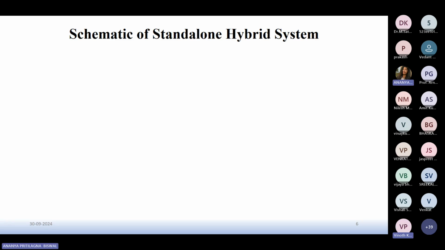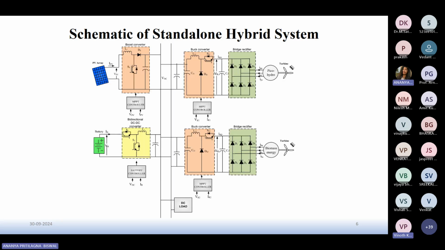This is the schematic of this standalone hybrid system. As we have seen in the basic block diagram, this is the whole internal view: the PV connected with a boost converter to the common DC link, and the battery with a bidirectional DC-DC converter.